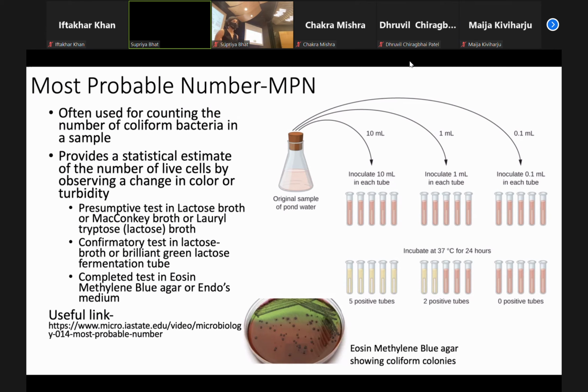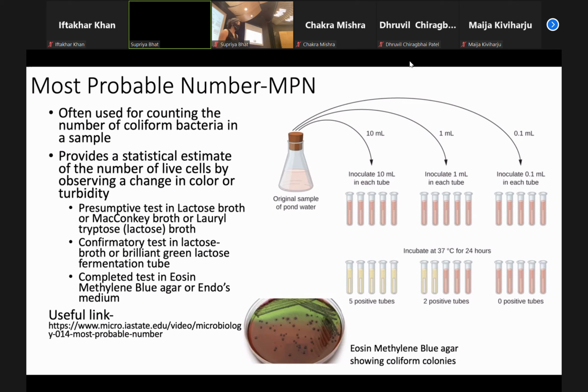If you have a sample of some sort, you should be able to test how many bacteria are present. A commonly used technique is to count the number of coliforms present in a sample. Coliforms include the genus Escherichia, for example. We know about E. coli. It's a gut bacterium, which is often used as an indicator of fecal contamination.